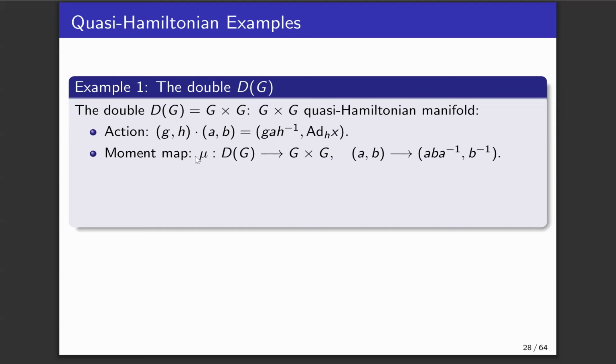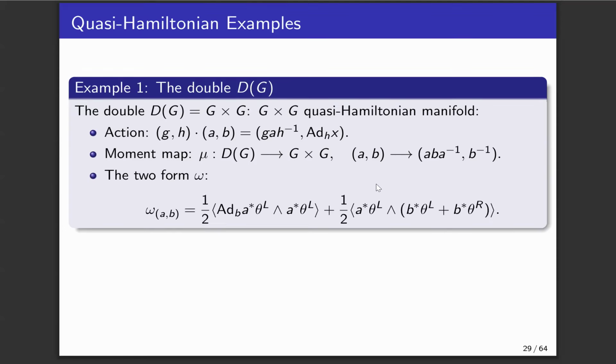And the momentum map this time has values in G times G, and this momentum map is given by the following expression: to a couple (A, B), we associate (A B^{-1}, B^{-1}... ). And this two-form omega is given by the following expression. It's not a beautiful expression to give, but this is how it's defined in the case of the double.